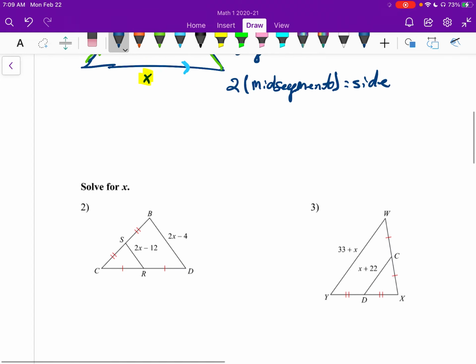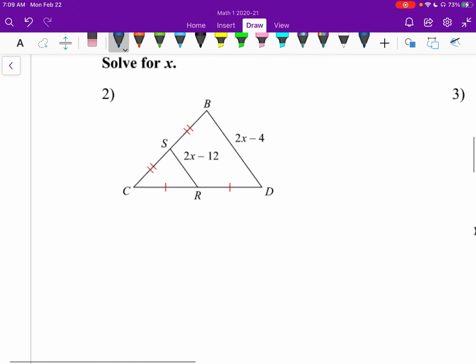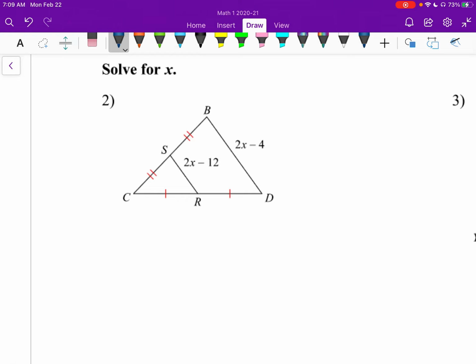All right, let's look at these. Number 2 here, the triangle is kind of laying on its side in comparison to what we were looking at. This here is our midsegment. This here is our side. It gives us the lengths of the midsegment and the side in terms of x, and we're going to have to solve and find that.